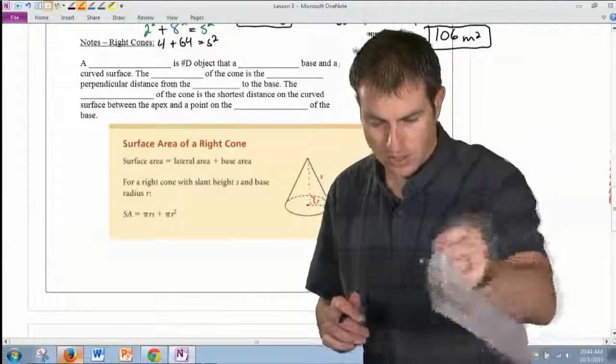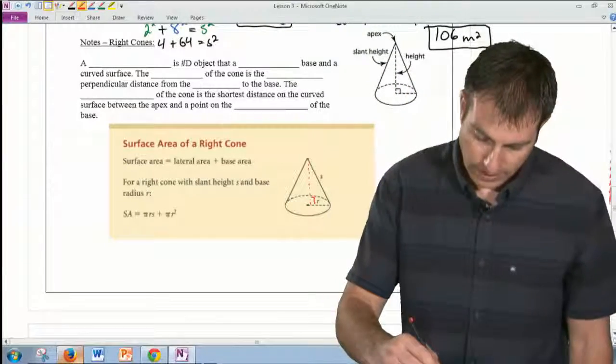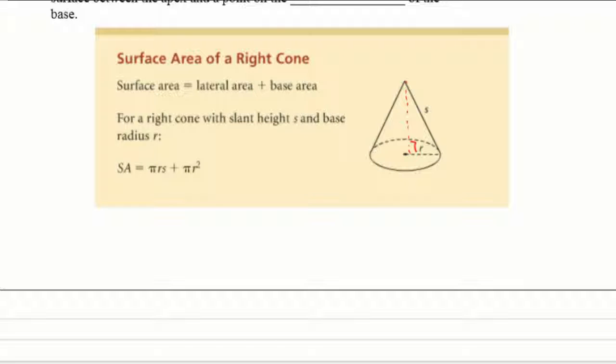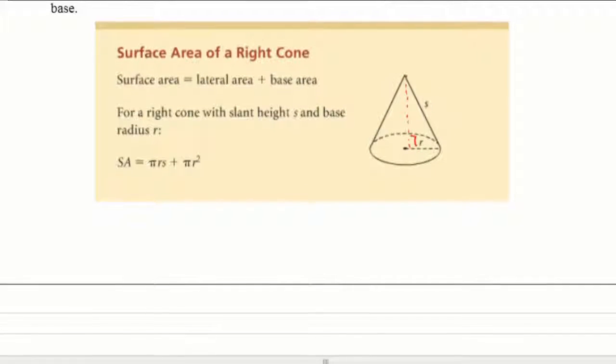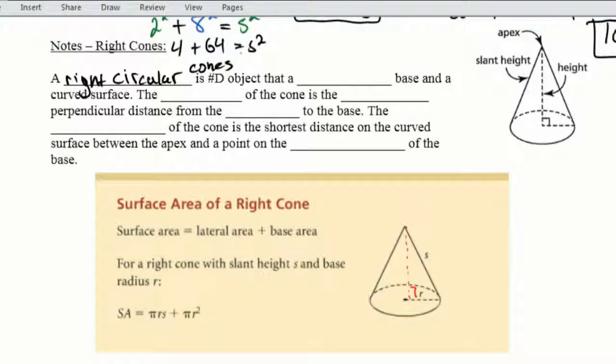So today we're going to talk a little bit about right cones, and we'll call them right circular cones. And it says, is a number D object, it's just a typo, it should say 3D object, so we'll turn that into 3D.